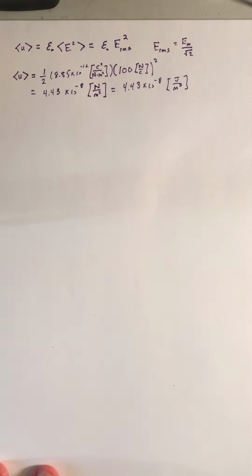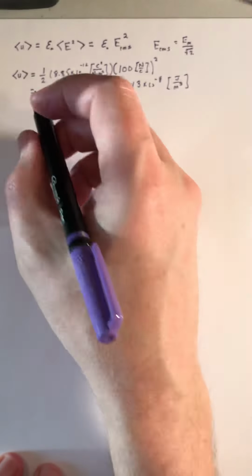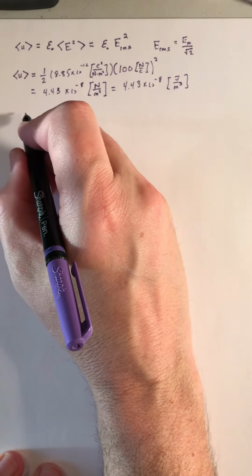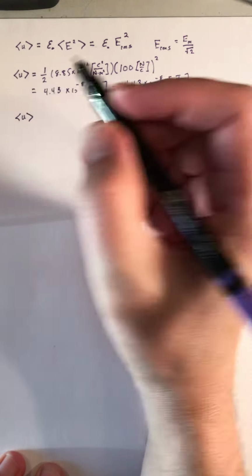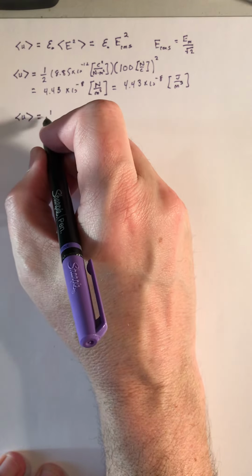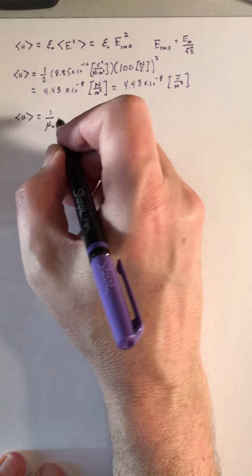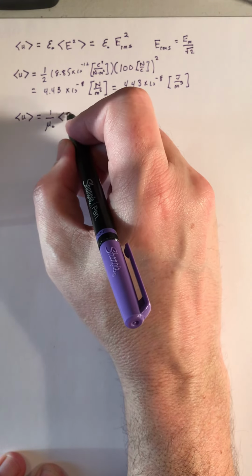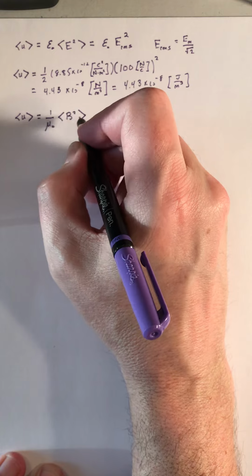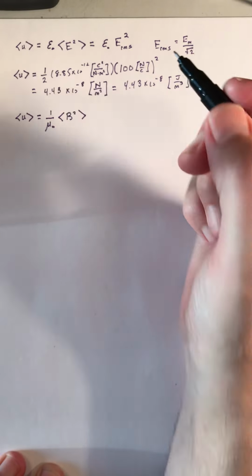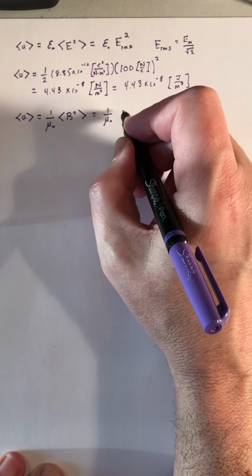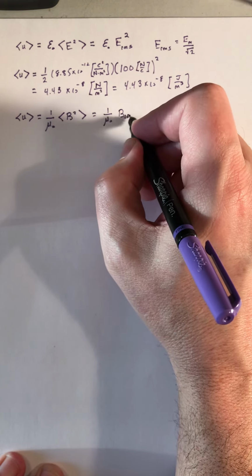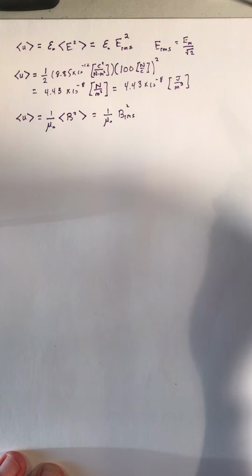All right, just to demonstrate, we could have also used a starting point in terms of the magnetic energy density. So 1 over mu naught and the average value of the magnetic field squared, which is going to give us 1 over mu naught B RMS squared.